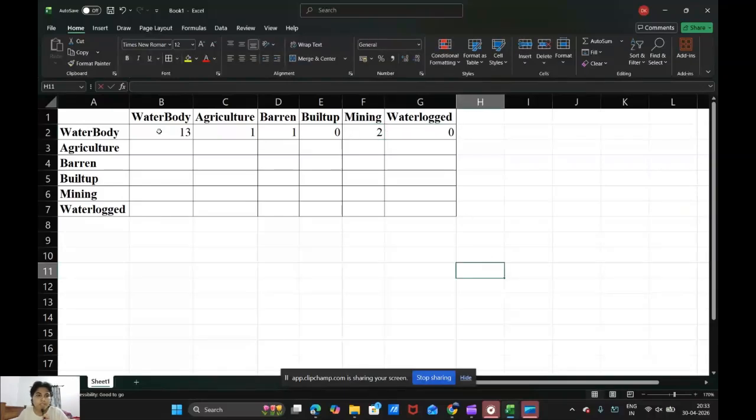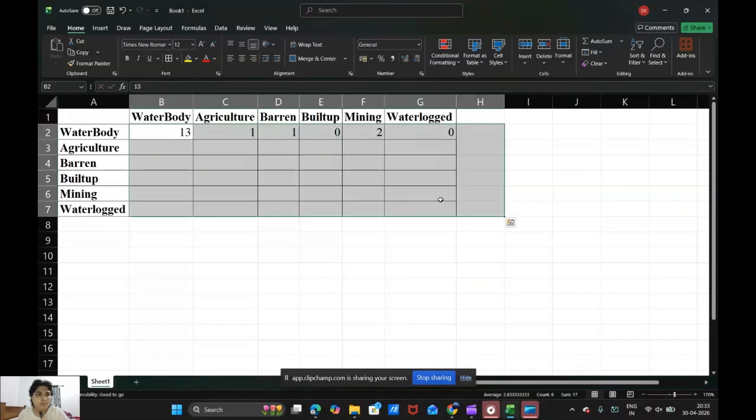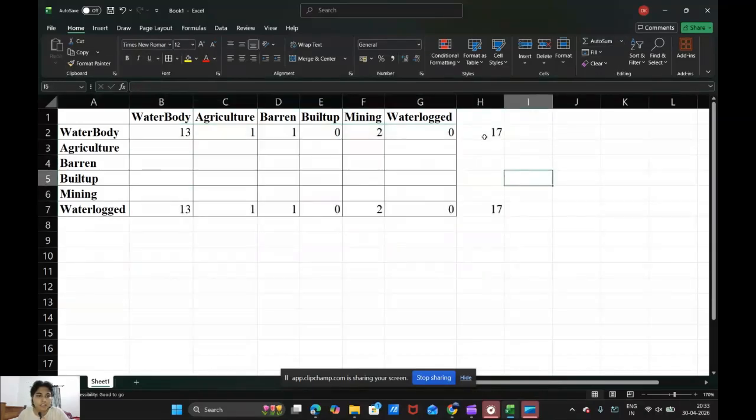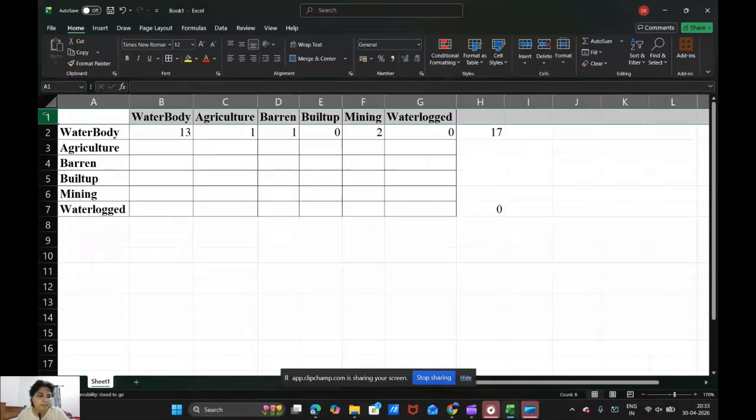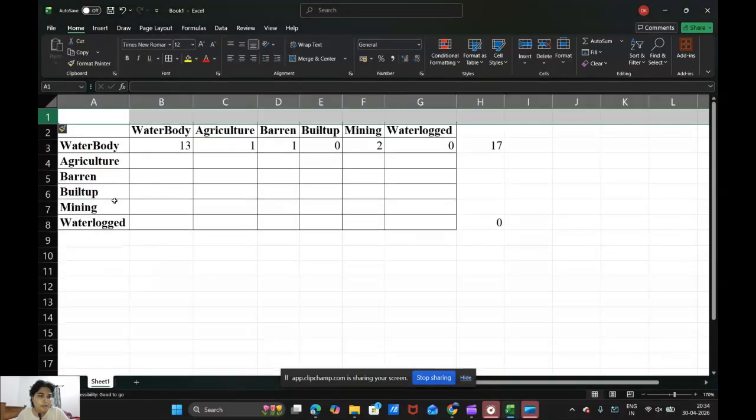Okay, so that means I had total how many? Let me just make an auto sum out of this. So I had actually 17 of them. I had 17 water body samples, out of which 13 have shown correct.